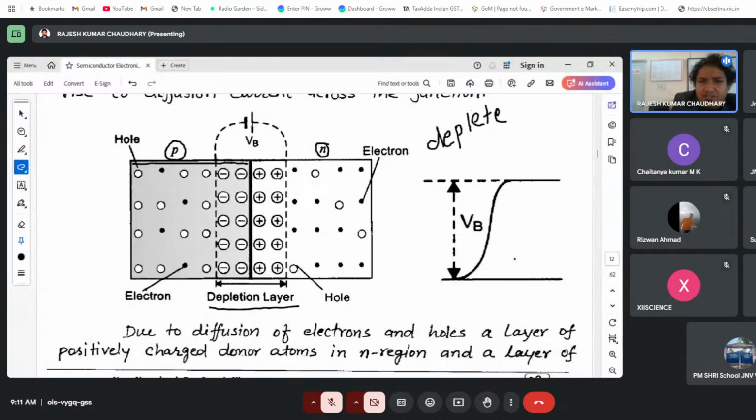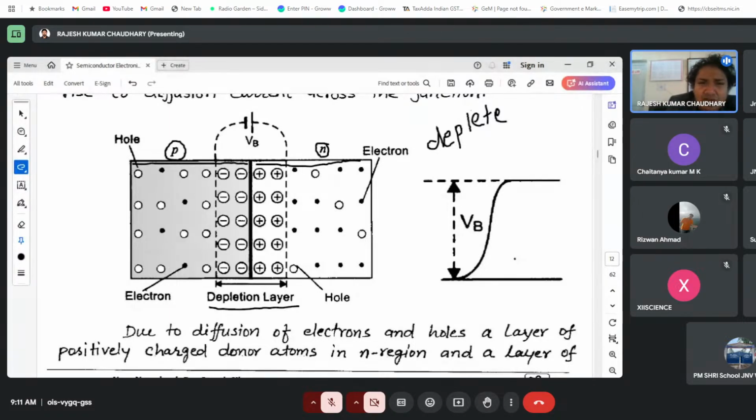But after the diffusion process, we have seen that electrons are jumping from n to p, and holes are jumping from p to n, so making this side positive, and this side negative.